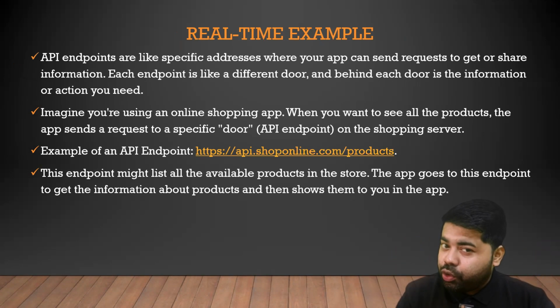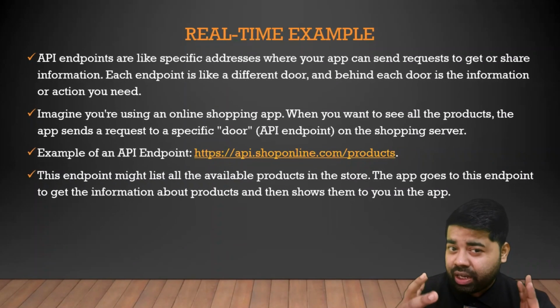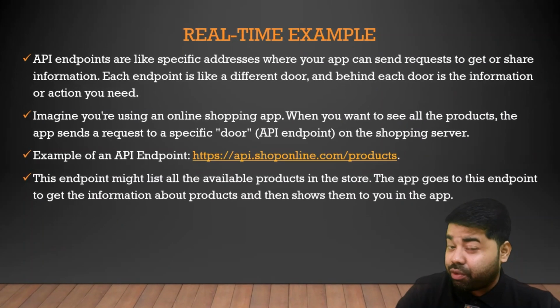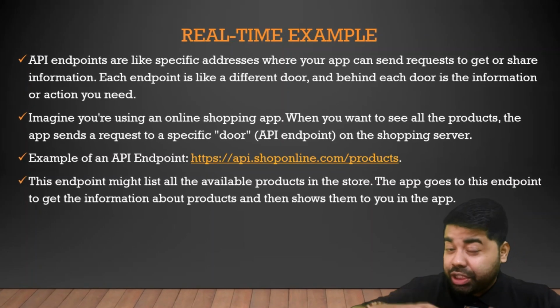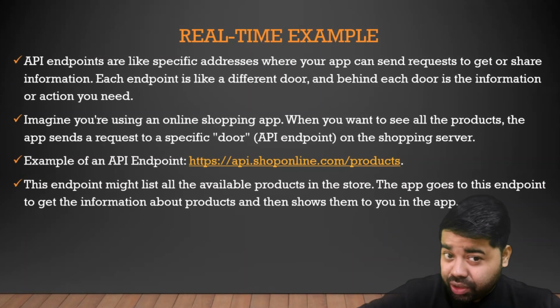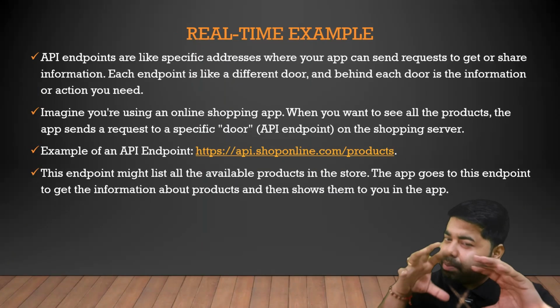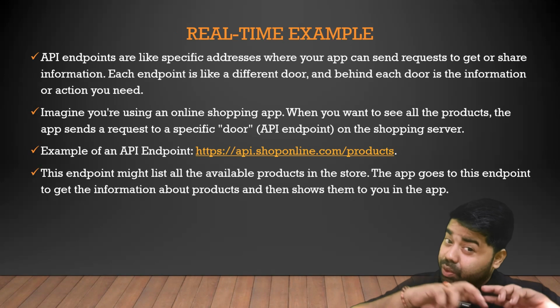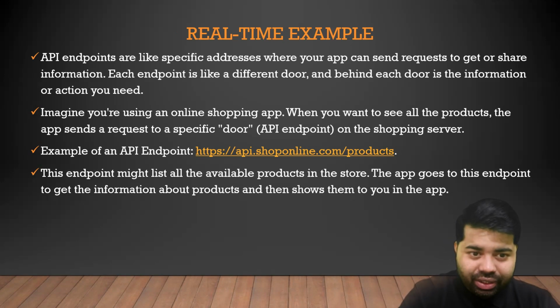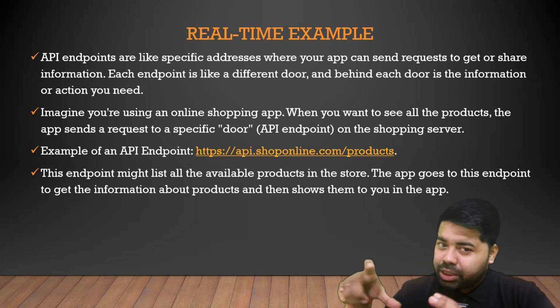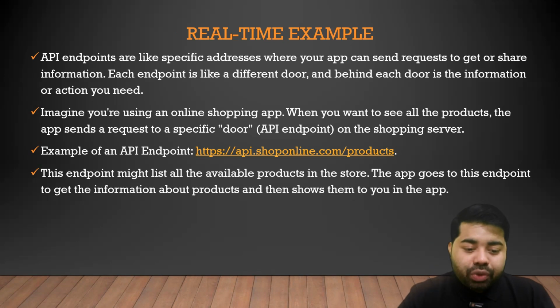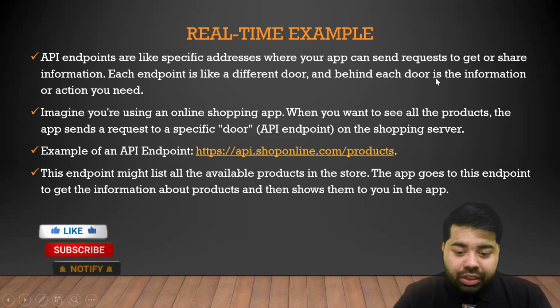You want to search for a mobile, or a product which is available on Amazon. Again we are going for a specific location here. If you want to search for a mobile, we can go to another specific location. So it is a different door, and behind each door is the information or action you need.